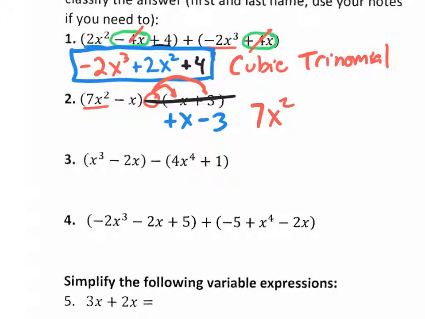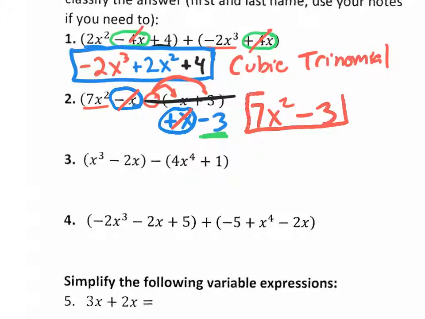So we have a negative x and a positive x, and what happens there? They cancel out, they disappear. So there are no x's in my answer. And then I go to my final term on my polynomial, which should be the constant, just the numbers without variables. And what would that be? Minus 3, and there's nothing else to combine it with. So I just write it, minus 3. And there's my answer. 7x squared minus 3.